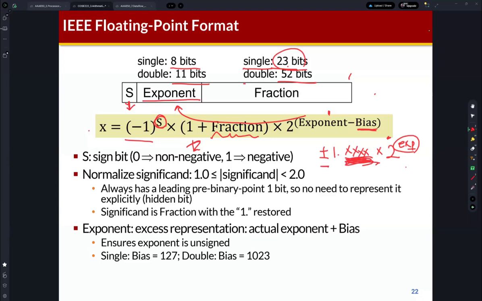How about the exponent? We can use negative numbers, right? It's negative for the exponent part.